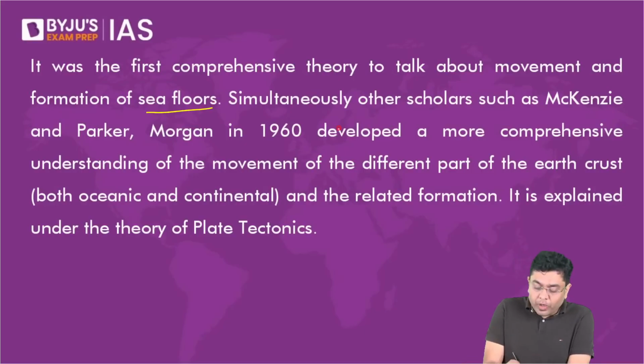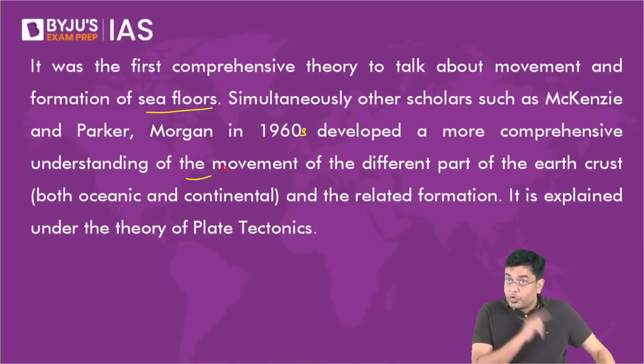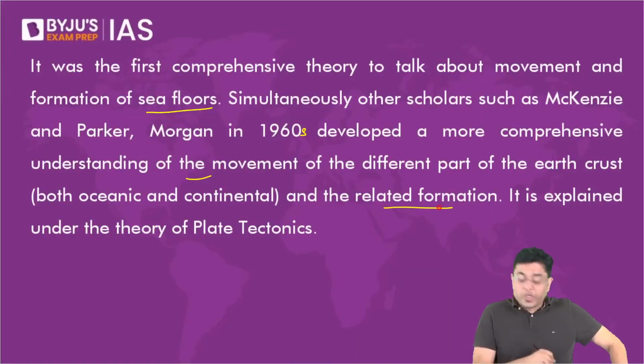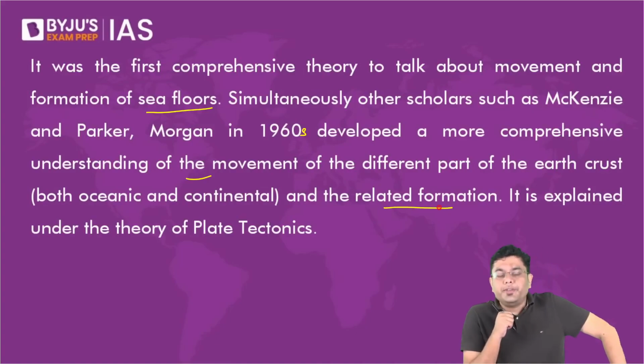Simultaneously, other scholars such as McKenzie, Parker and Morgan in the 1960s developed a more comprehensive understanding of the movement of different parts of the Earth's crust, both oceanic and continental. Harry Hess did not say anything about the continents and their formation. That is explained under the theory of plate tectonics. So that is your seafloor spreading theory.